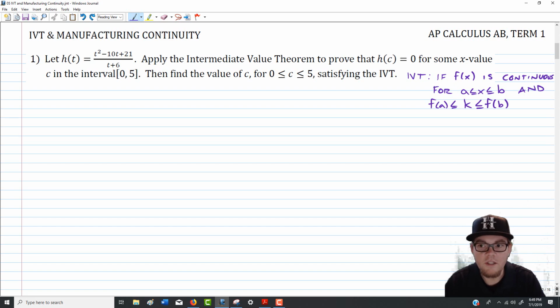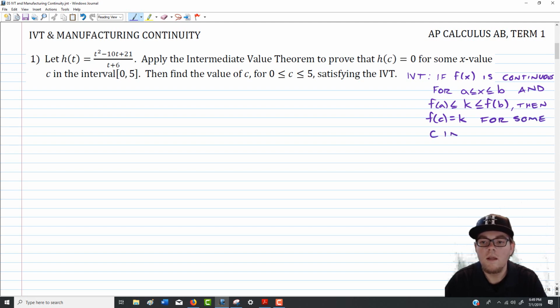So if f is continuous for those x values, and k is between f of a and f of b, then f of c equals k for some c in a to b.